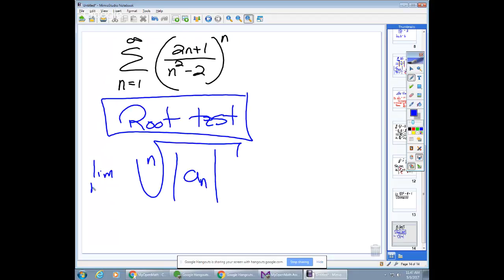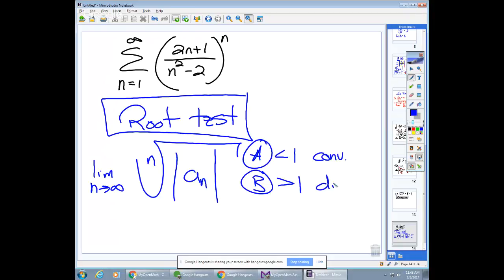and in the limit as n gets big, you look at what happens there, and just like with the ratio test, one of three things can happen. Either this sucker is less than 1, option A, which means we have convergence. The limit is greater than 1, in which case we have divergence.